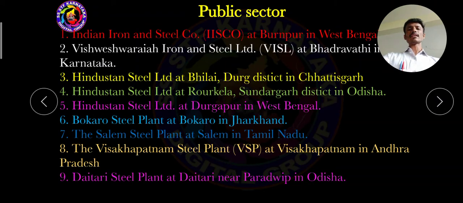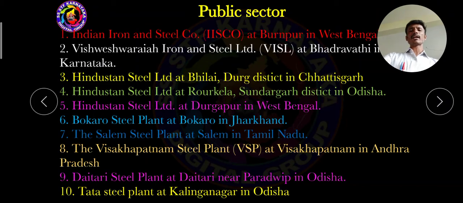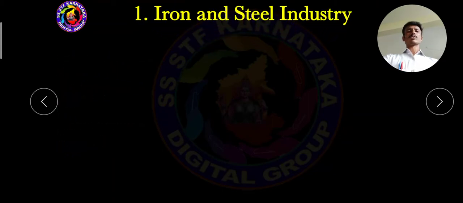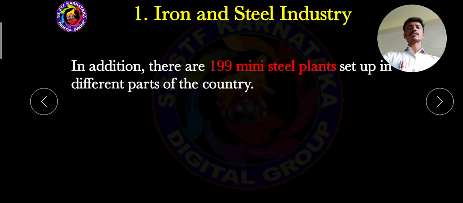Next, Daitari Steel Plant near Paradip in Odisha, Tata Steel Plant at Kalinganagar in Odisha. These are public sector industries, the very important iron and steel industries.